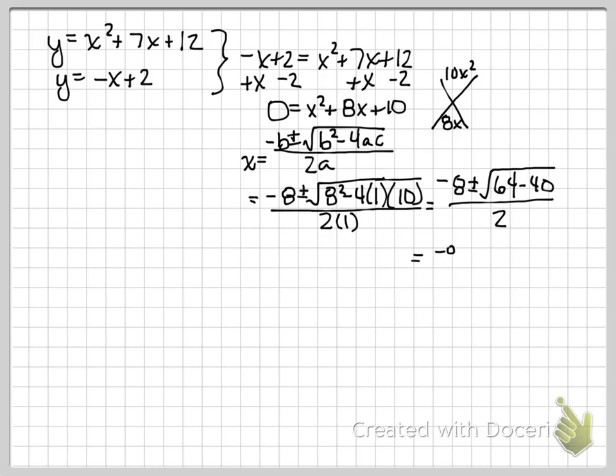So that's negative 8 plus or minus the square root of 24 over 2. Normally you would try to just simplify and leave it an exact value. But because we want to solve it and we need to be able to find the y value, we're going to have to keep going. If we were to leave it here, it'd be an exact value, but we have to use our calculator.